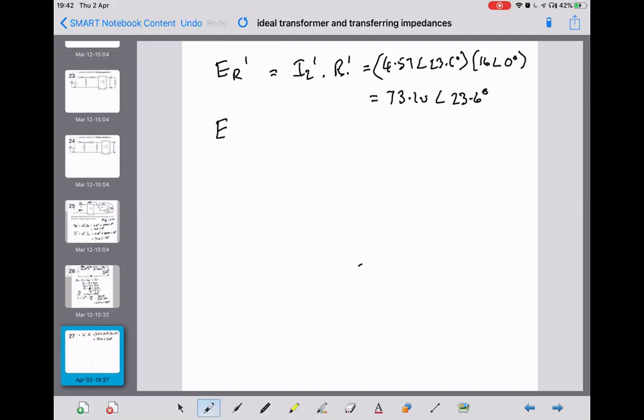EC dash is I2 dash times ZC dash: 4.57 angle 23.6 times 12 angle minus 90.